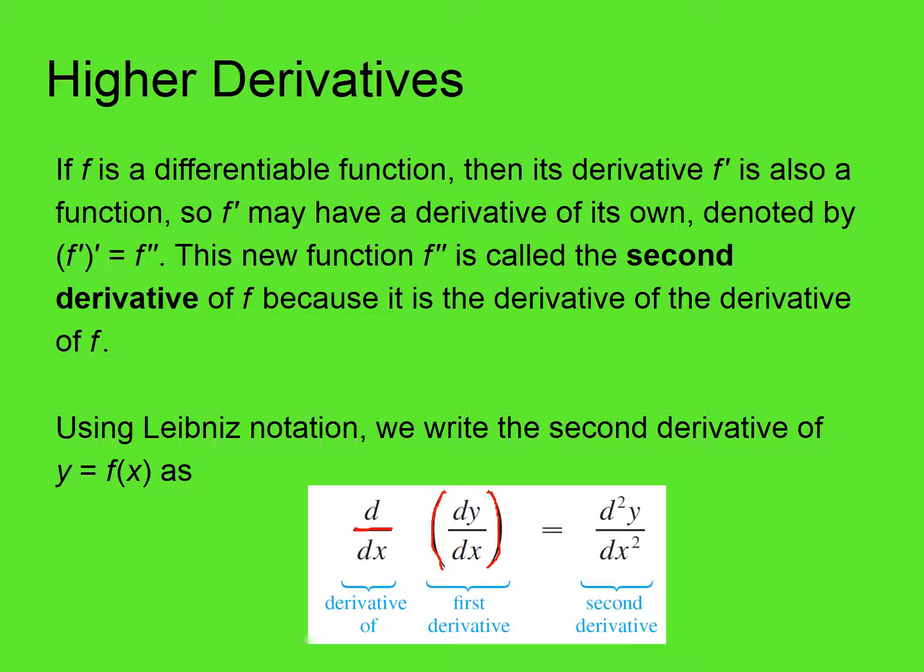And so the Leibniz notation for the second derivative is d, and then you've got 2, because it's the second derivative of y with respect to x, and here the 2 is on the outside.